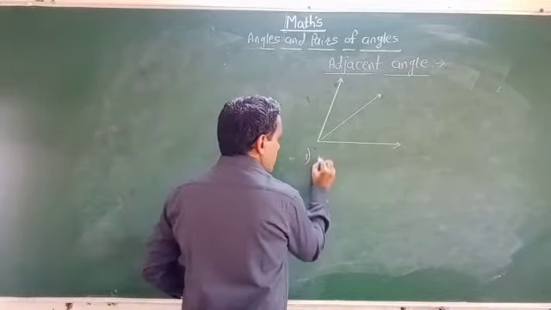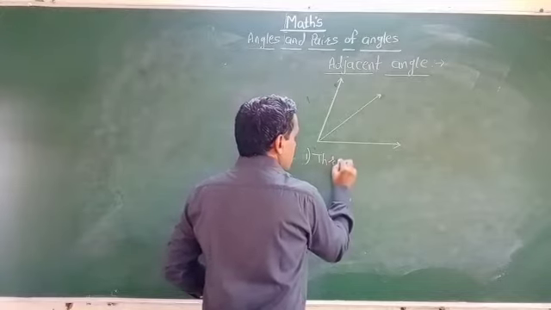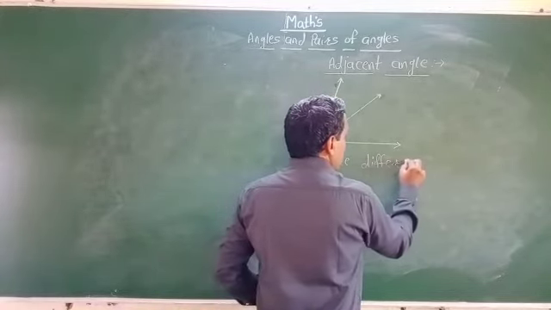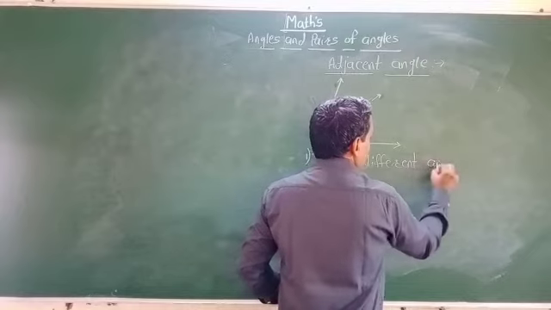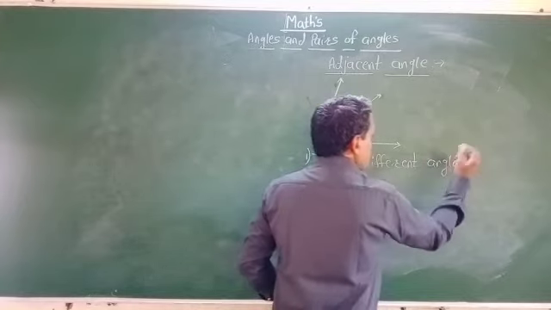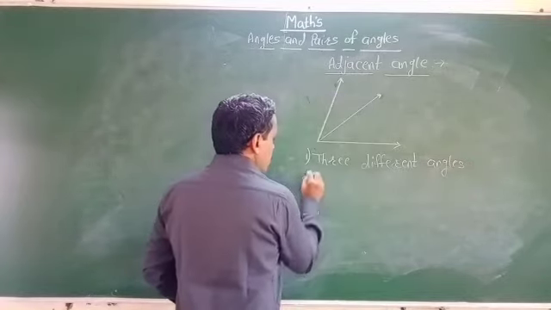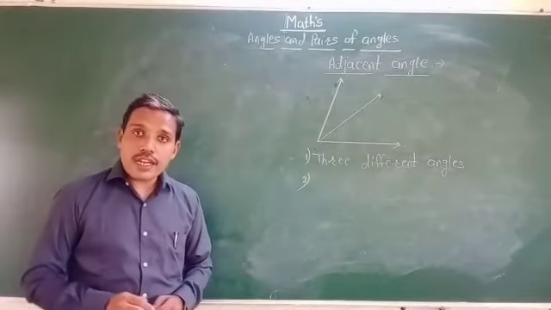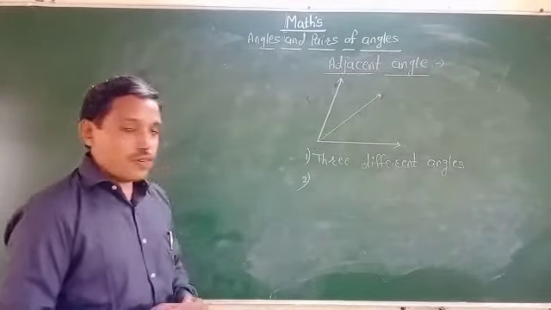So the first observation is three different angles. Okay, three different angles in it. Next, what is our second observation?